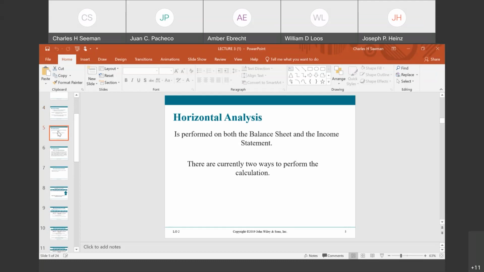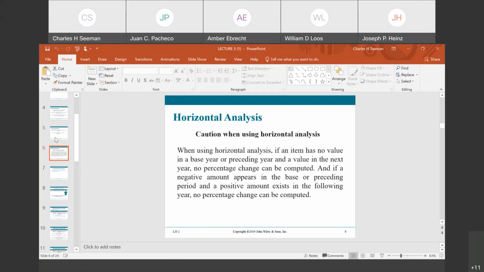There are currently two ways to perform the calculation. And we'll go into that. Caution, when using horizontal analysis, if an item has no value in a base year or preceding year, and has a value in the next year, no percentage change can be computed.